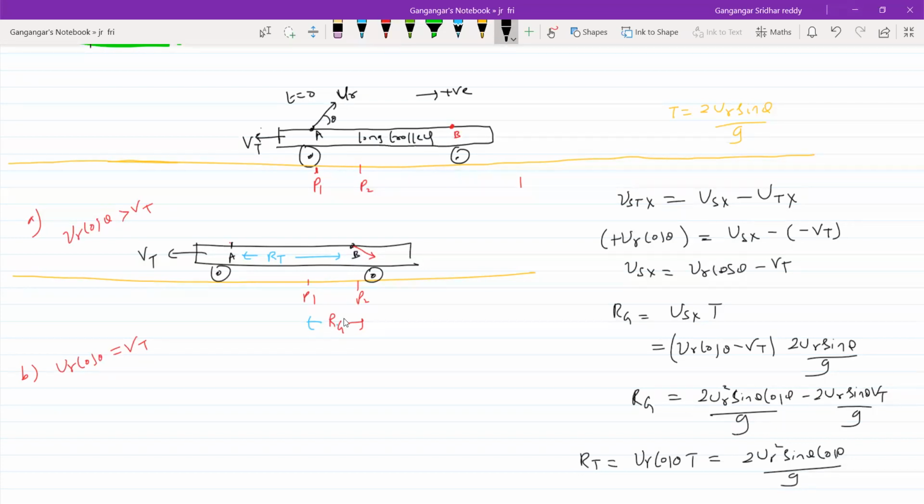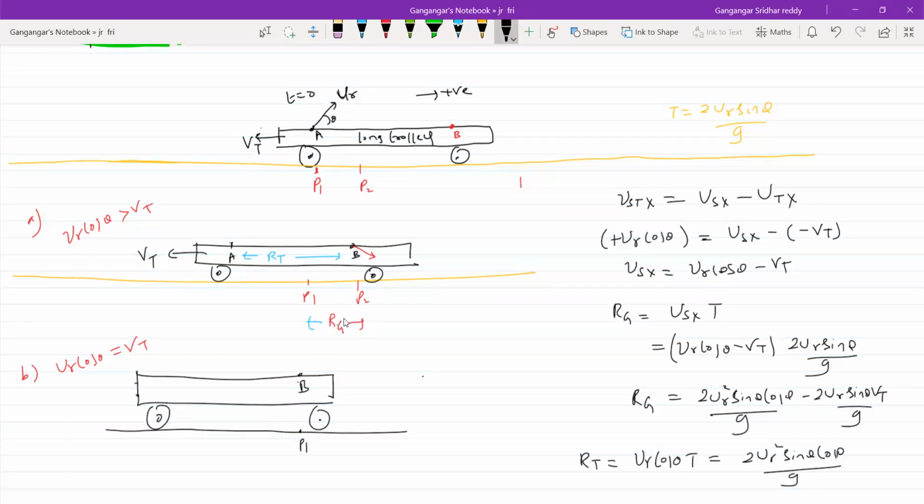The point B will be at the location of P1. So now what is the range with respect to ground? It will be 0.